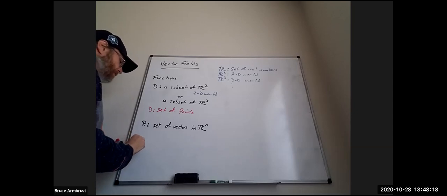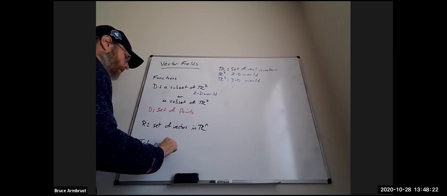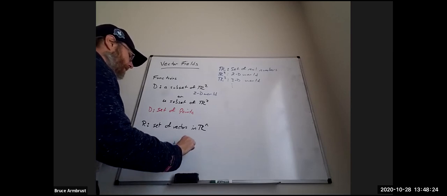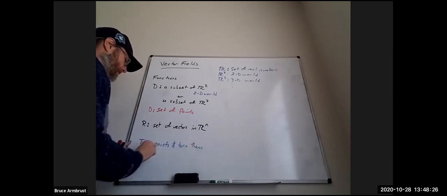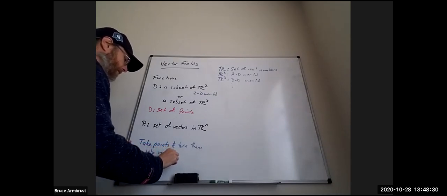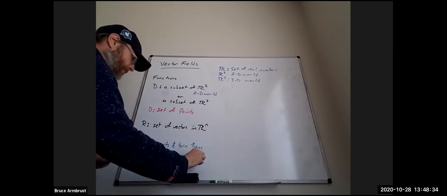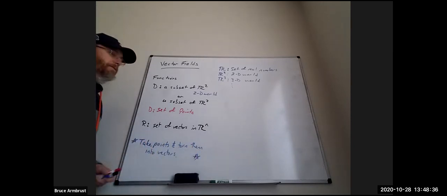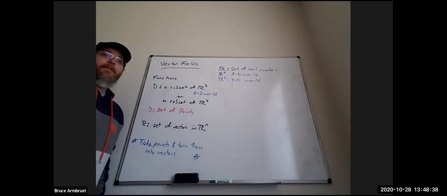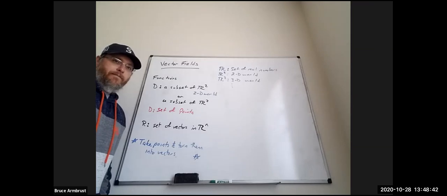These take points and turn them into vectors. So that's what a vector field is. It's a function that takes a point and makes it a vector.